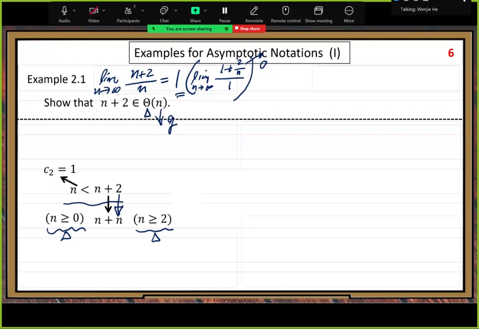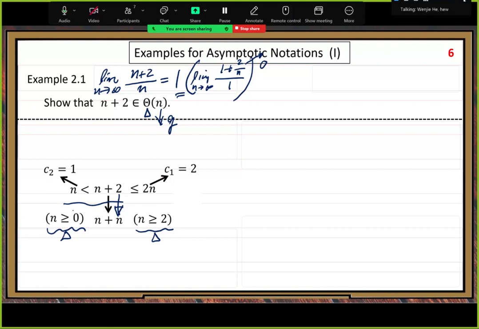Then we have this upper bound: n plus 2 is less than or equal to 2 times n. So C1 equals 2. So we find C1 and C2, then n0.